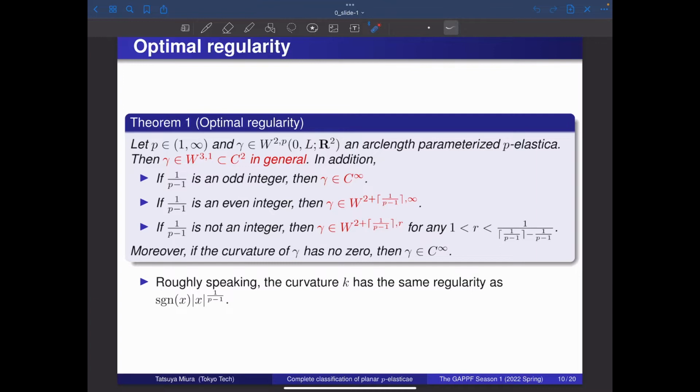And if this 1 over p minus 1 is an even integer, then we have this gamma is of this Sobolev class W^{2+m,∞}, where m is some integer. And this notation denotes the standard Sobolev space. So at least this integer is 3.